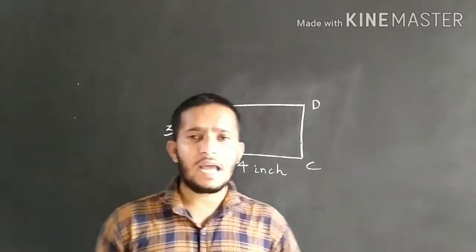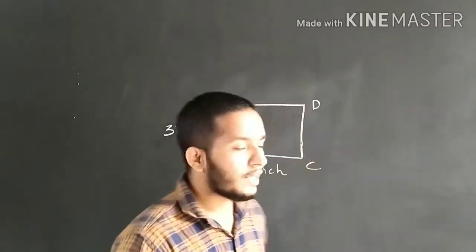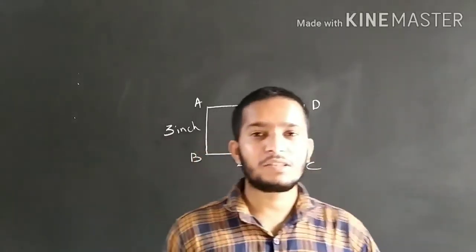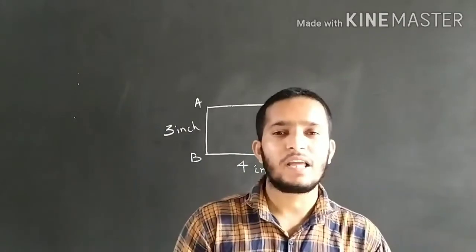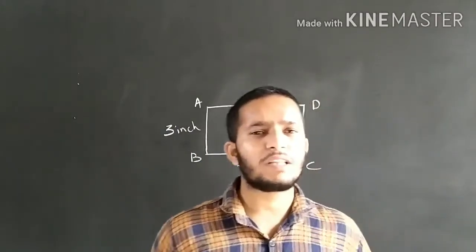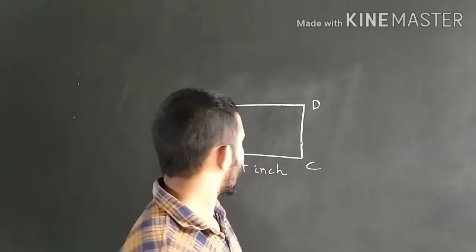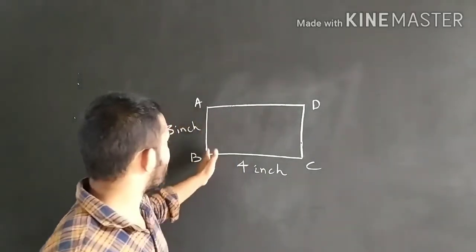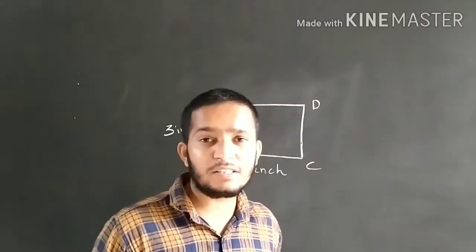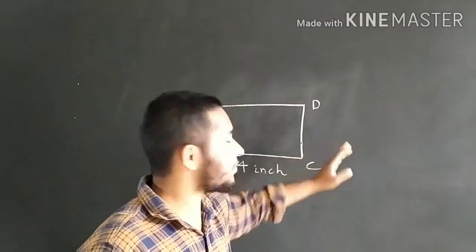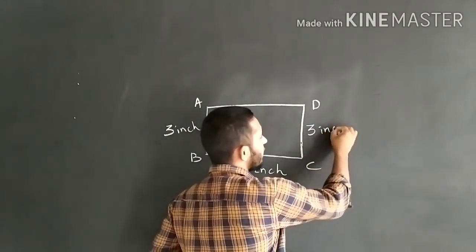Dear students, as you all know from your previous classes, a rectangle has four sides and the opposite sides are of equal length. Using this common concept, we can easily say that if the length of AB is 3 inch, then the opposite side will be 3 inch.